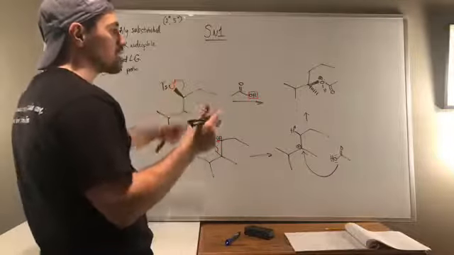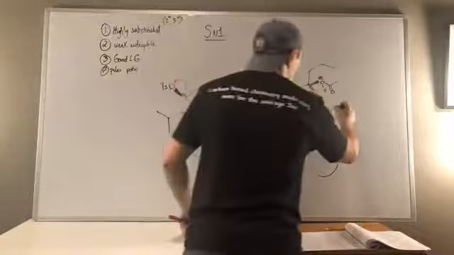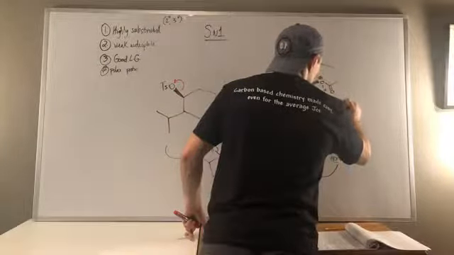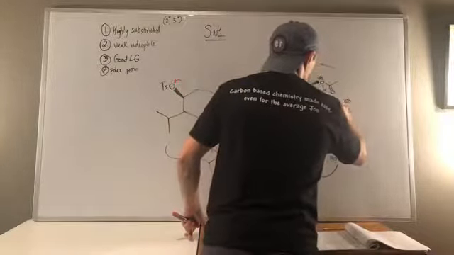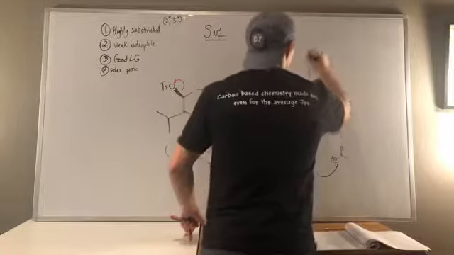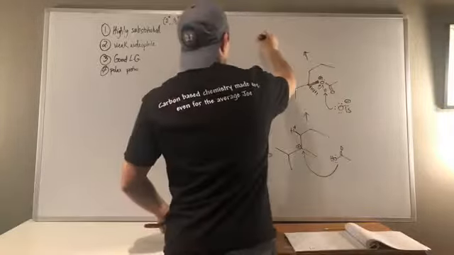So to finish this reaction off, I just have to deprotonate this guy. I'm just going to use the tosylate from the beginning. Sorry, I'm a little all over the place.